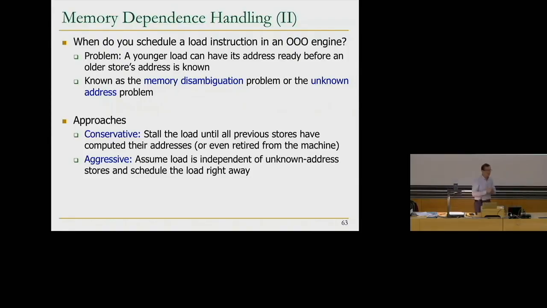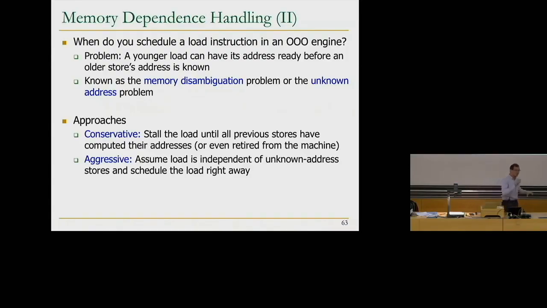Did I actually predict this correctly? This is an example of predicting something in a machine. So this also doesn't work extremely well, although it's usually better than the conservative approach. But it adds additional machinery to check. If you're wrong, you should re-execute this load and get the correct value. So if you're wrong, you flush the pipeline, basically.